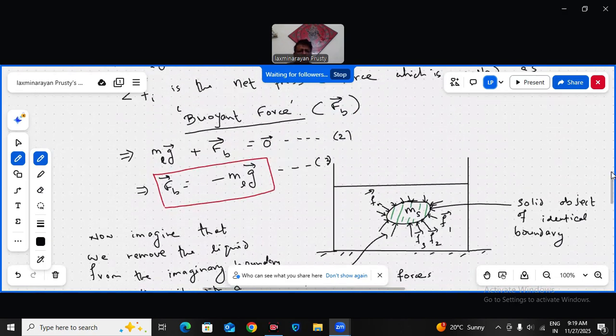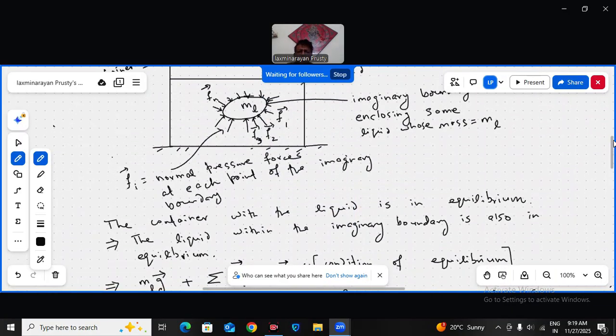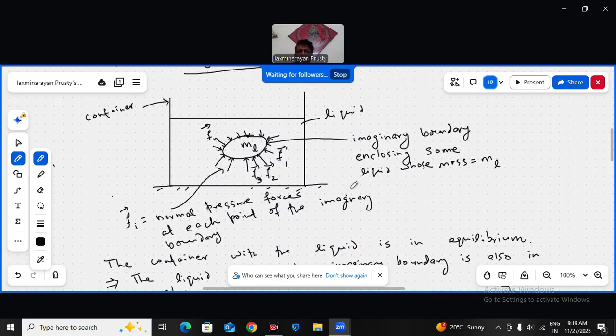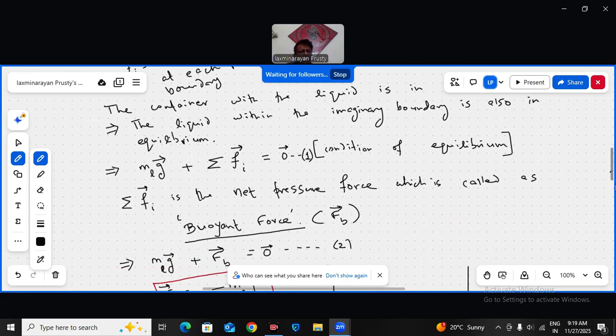So now buoyant force is clear. In one word, I'll say it is the net pressure force on the submerged surface. Don't think that it is some kind of extra force coming from somewhere. It's only pressure force, the net pressure force acting on the submerged body in this case.